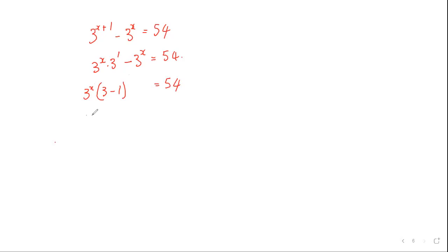That will be 3x times 2 is equal to 54. 3x will be 54 divided by 2. 2 into 54 is 27.